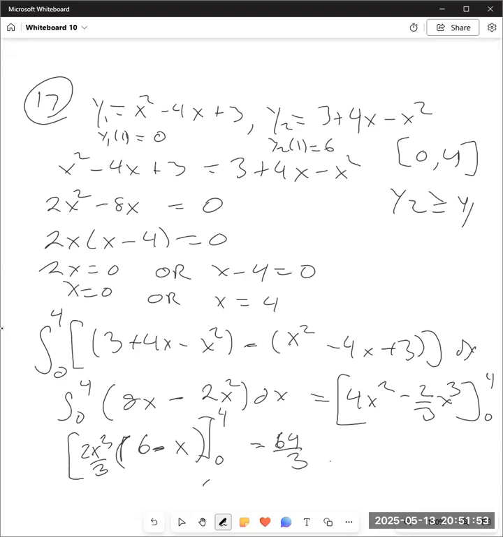And then when I stick 0 in, that's 0. Okay, so 64/3 is my answer there.